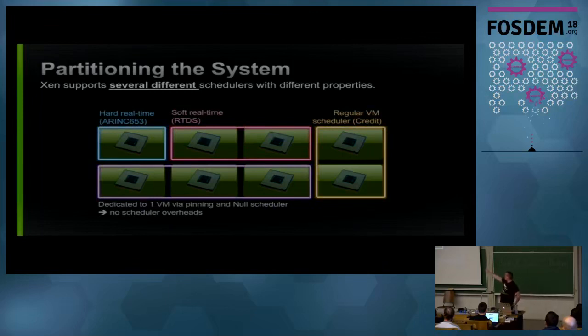This shows we have an ARINC scheduler, which is a hard real-time standard, a soft real-time scheduler, a regular VM scheduler, and then there's the capability to pin virtual machines to CPUs without overhead, using the entire management stack. That still gives you those virtualization boundaries and all the tools, and it's a very attractive proposition.